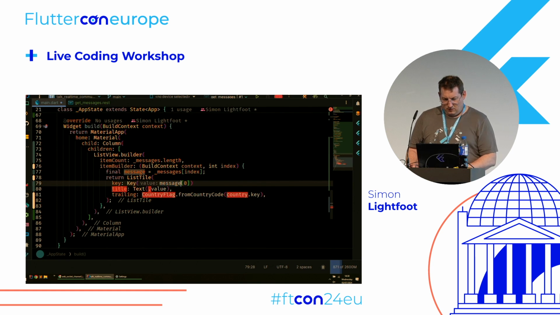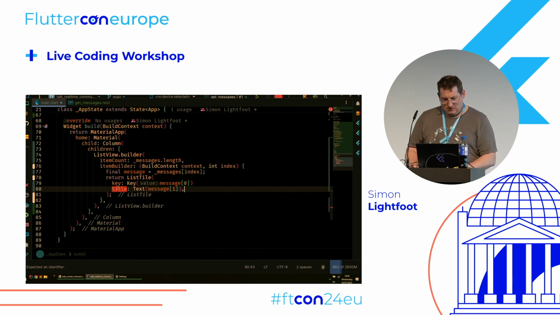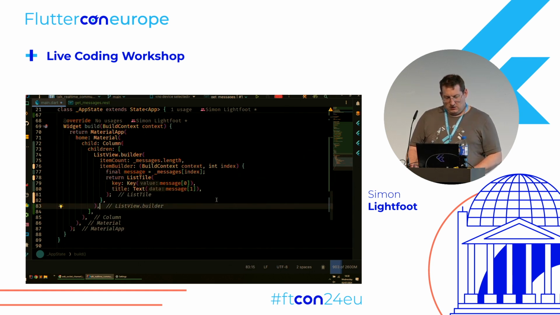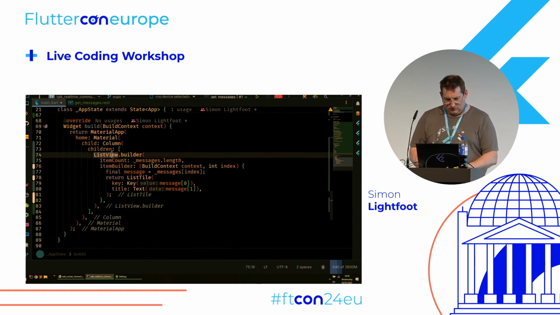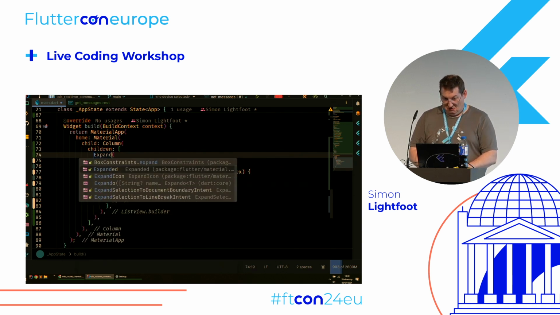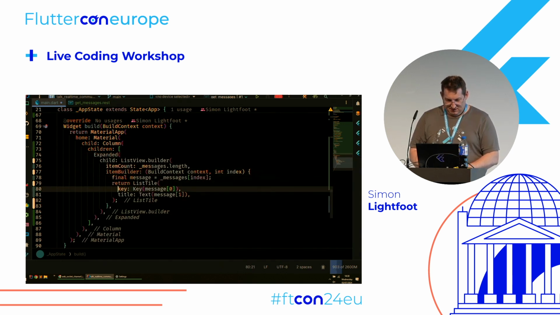And then message 1 is going to be the actual content. Get that. Comma, yeah. Okay, so we define them. And then let's wrap this in expanded. Do you think this will work first time? I don't know. Let's give it a go.